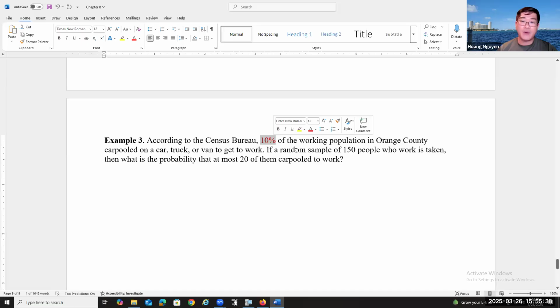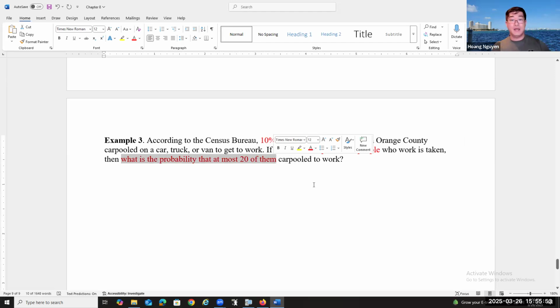If a random sample of 150 people who work is taken, what is the probability that at most 20 of them carpool to work? Okay, so let's see how we're going to answer this question.